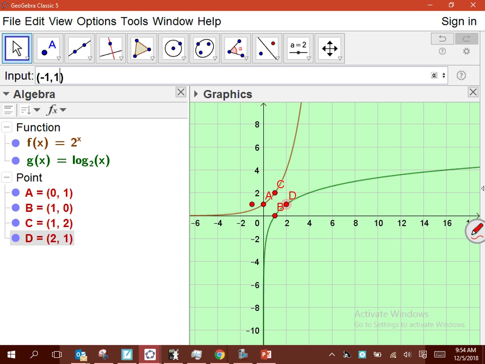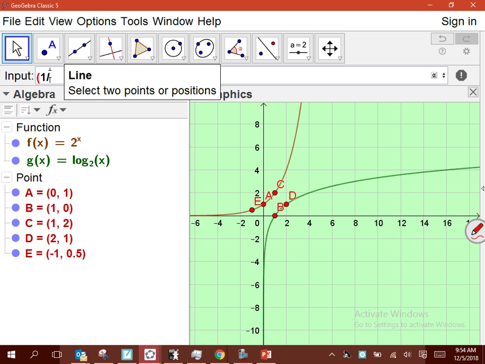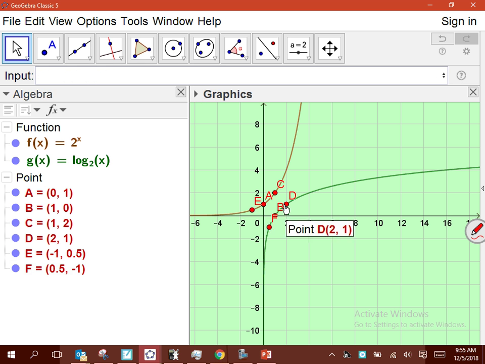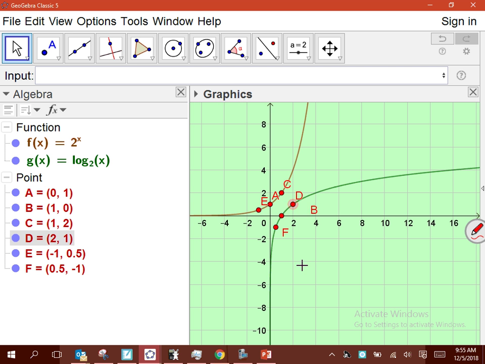We had -1 comma 1/2, and then we should also have, on the other curve, 1/2 comma -1. All right, so taking those critical points off of our exponential, flipping them, then gives us critical points on our logarithm, right?